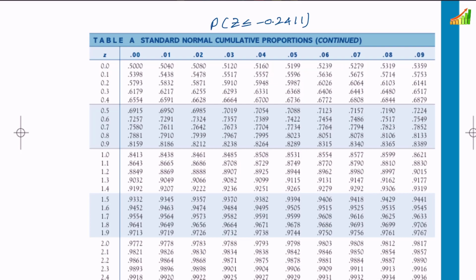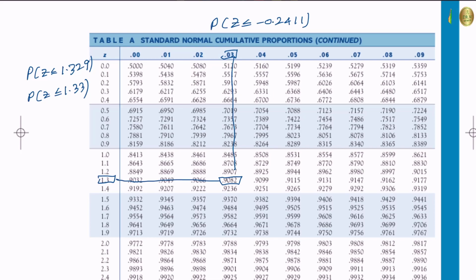As an example, how do we find the probability z less than or equal to 1.329? Round this number to 2 decimal places, then 1.33, then go to the 1.3 here, then 0.03 is here, then the probability is the number at the intersection.